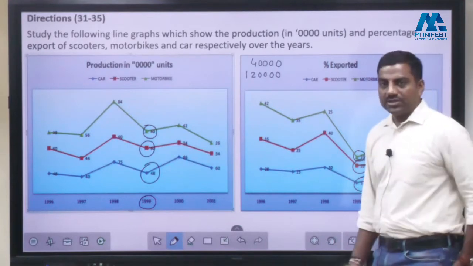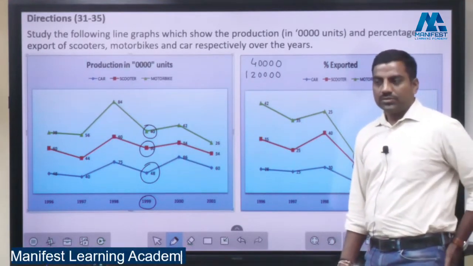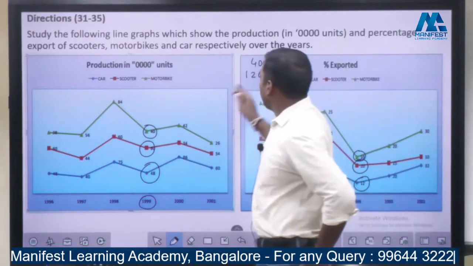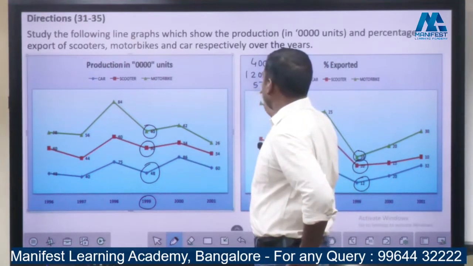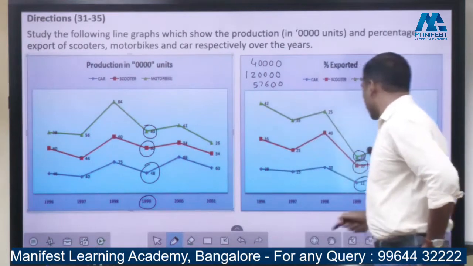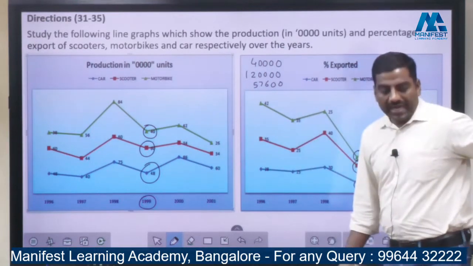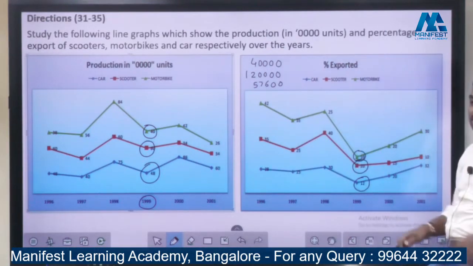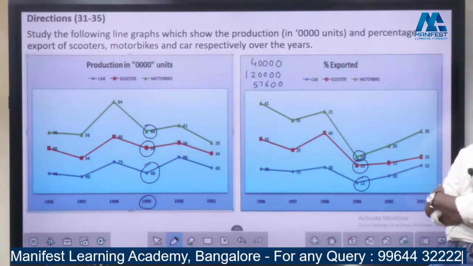So 4,80,000 into 12. So that will be 57,600. You can take time. That is 12% of 4,80,000. Quick. 12% of 4,80,000. Finally, it is 12 into what? 4,800.